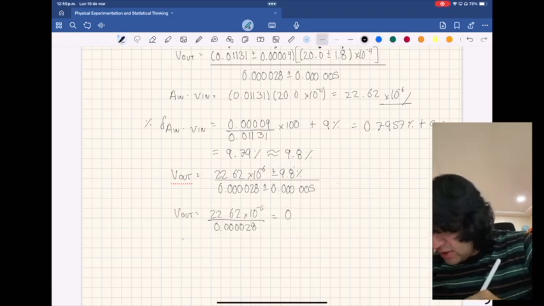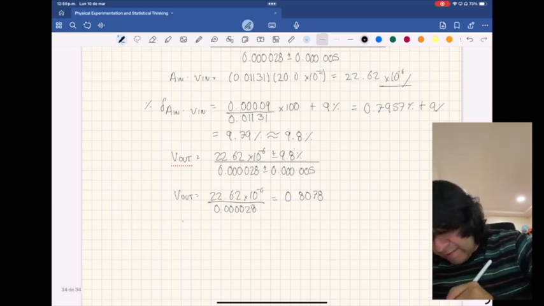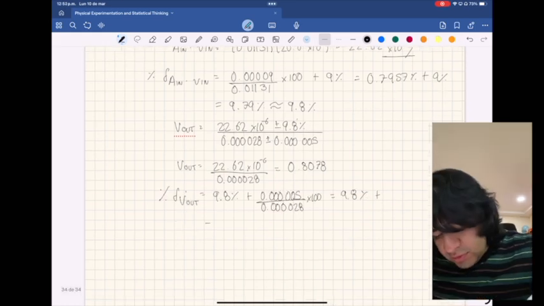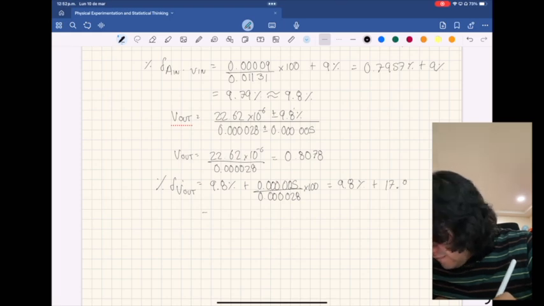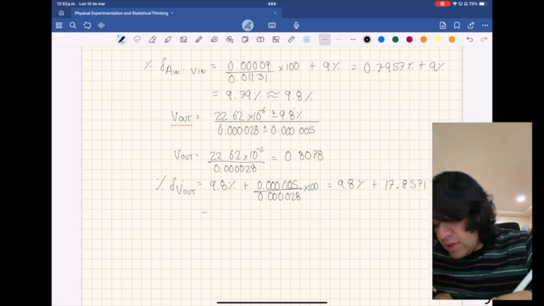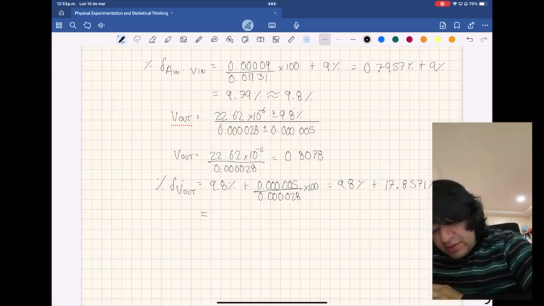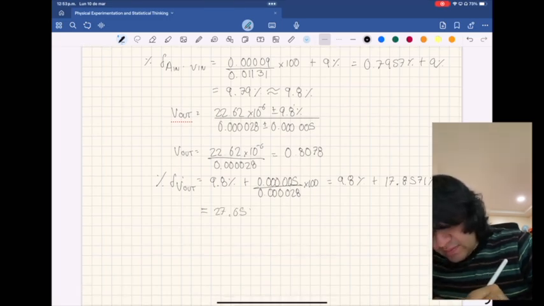The outlet velocity is 0.8078, and now we have to determine the value of the uncertainty. The result is 9.8% plus 17.8571%, and the total percentage uncertainty is 27.65%.